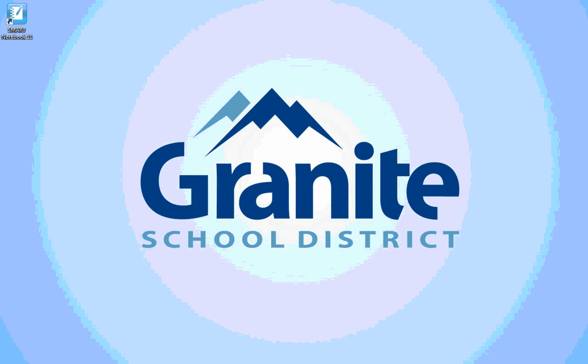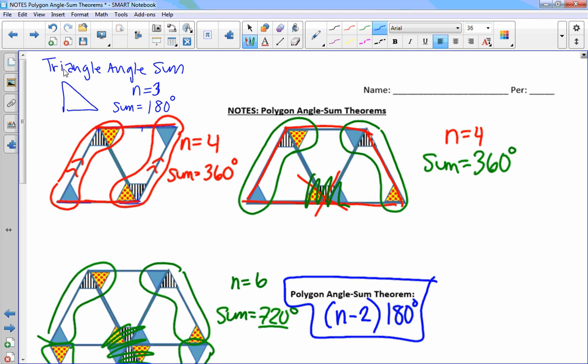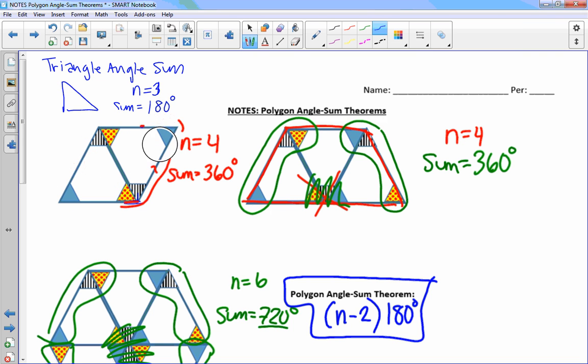Well, let's look at a tessellation picture and see if that's actually true. Here's the parallelogram. We already proved that it was parallel. If I take my triangle, look what's on the outside. In my picture, it's the side created by the straight angle.